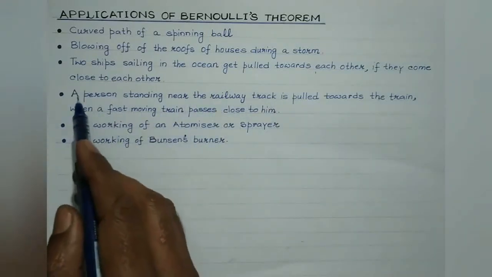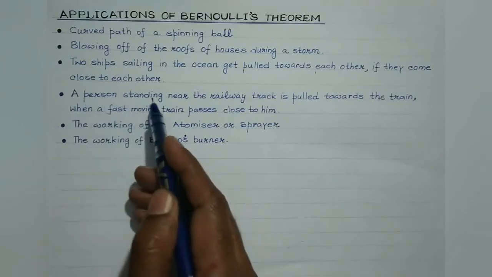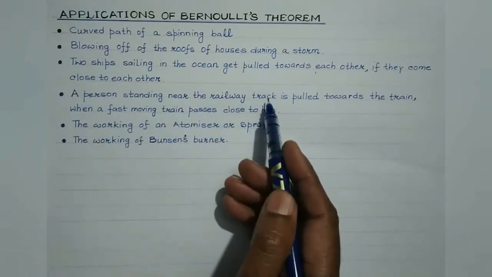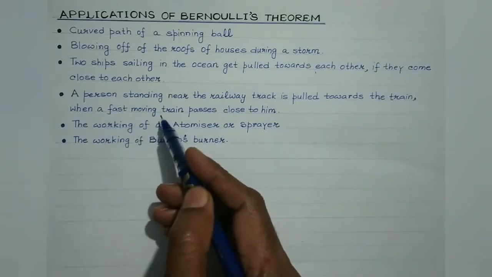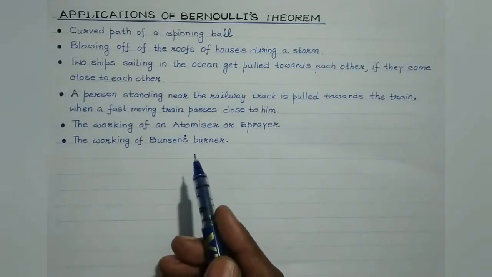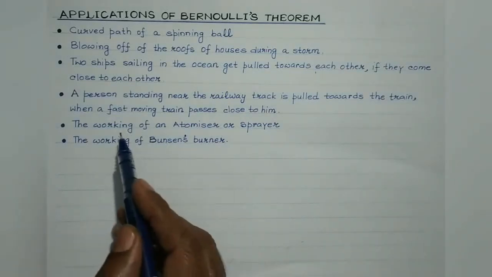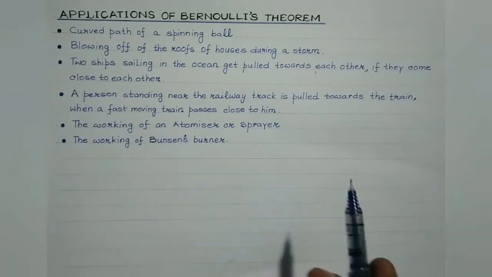And another interesting application is a person standing near the railway track tends to get pulled towards the train when a fast moving train passes close to him. Then we have also discussed, using Bernoulli's theorem, the working of an atomizer and the working of Bunsen's burner.